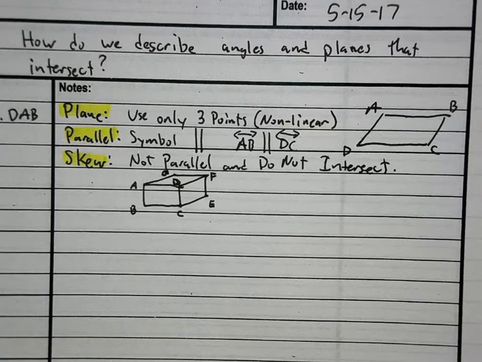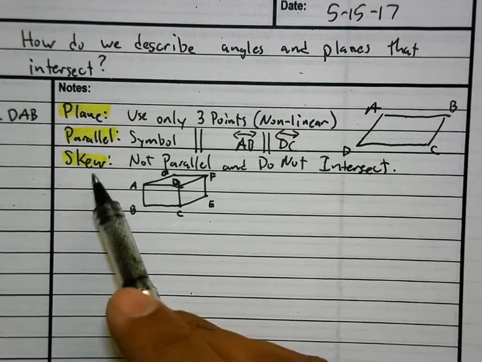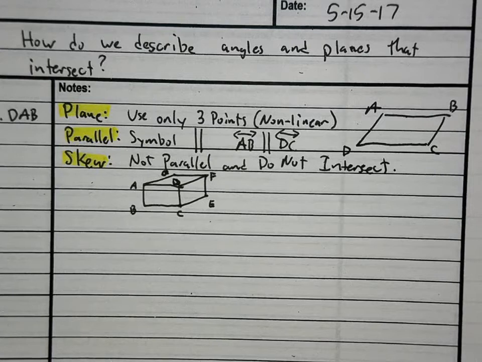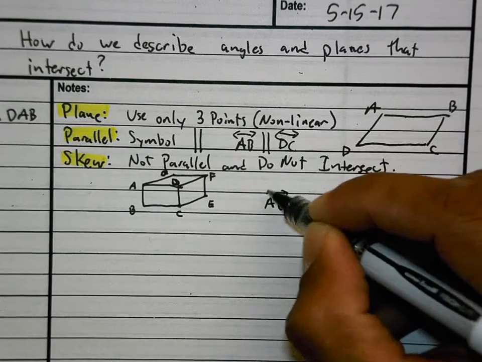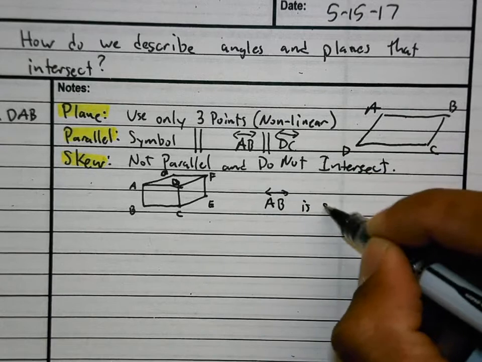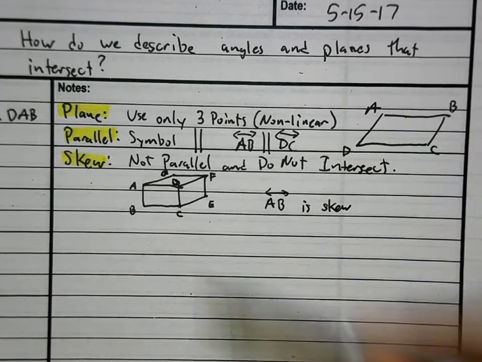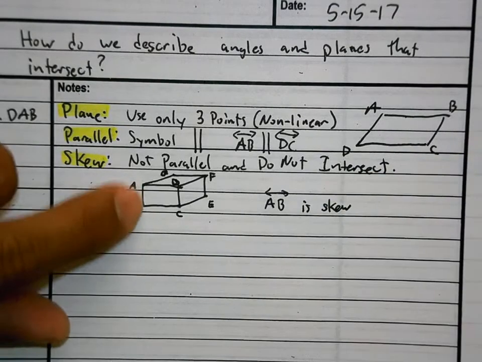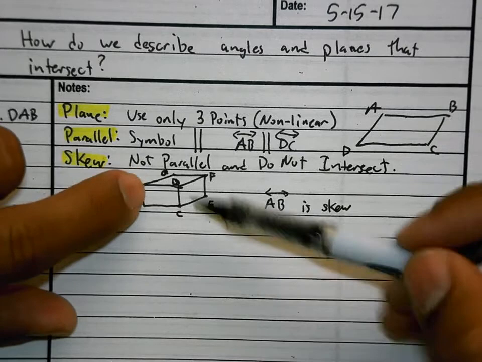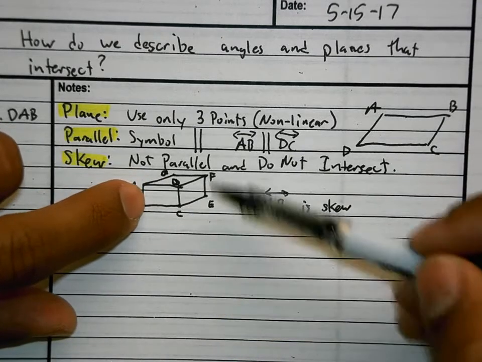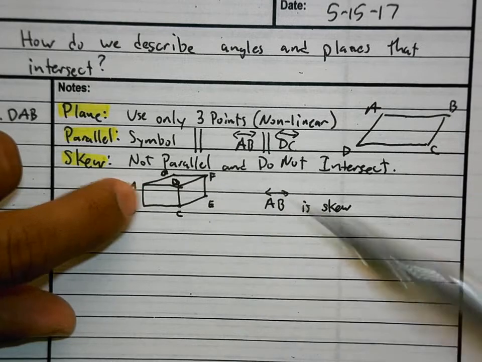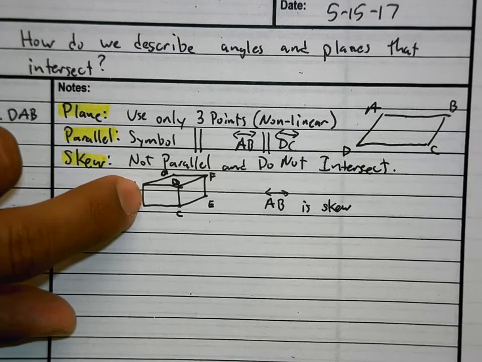So an example of what is skew. Line AB is skew to... It can't be parallel, so we're not going to use DC. And it can't intersect. I'm not going to use EF because EF looks parallel.